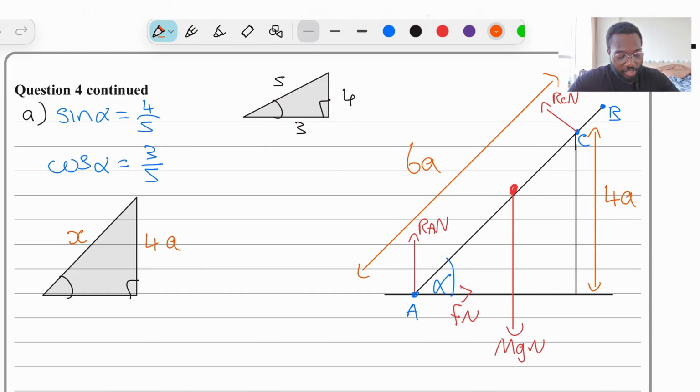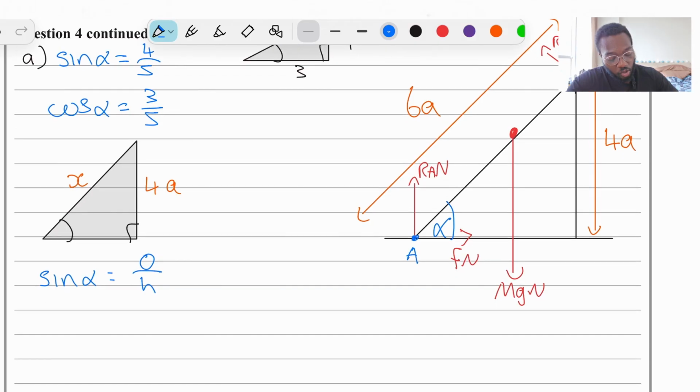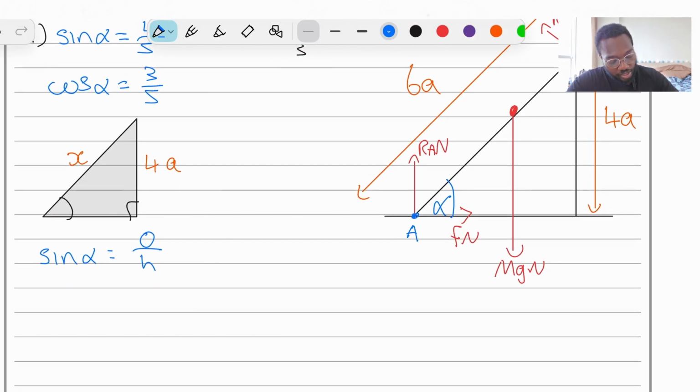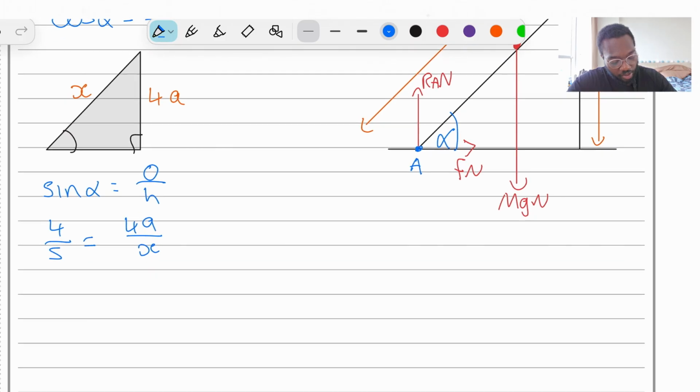So we can use SUVAT to work out the distance AC. In this case, we have that 4A is the opposite, and X, our line AC, is the hypotenuse. So we're dealing with sine alpha equals opposite over hypotenuse, which means sine alpha, which we're told in the question is 4 over 5, is equal to 4A over X. Then we can use that to work out what X is.